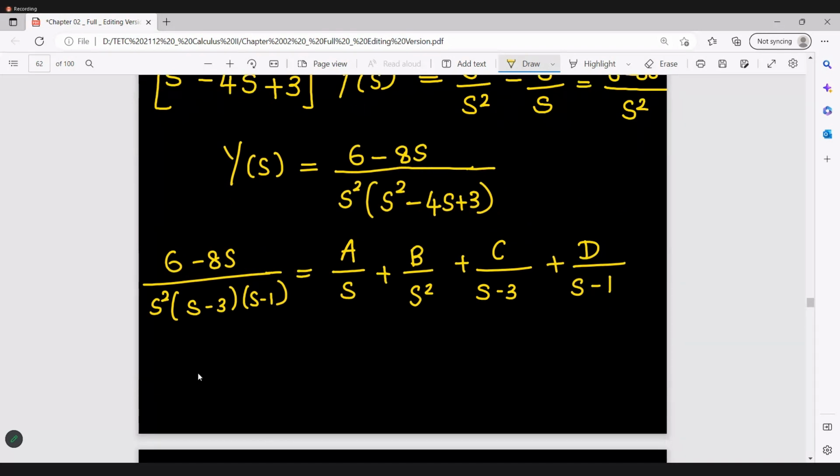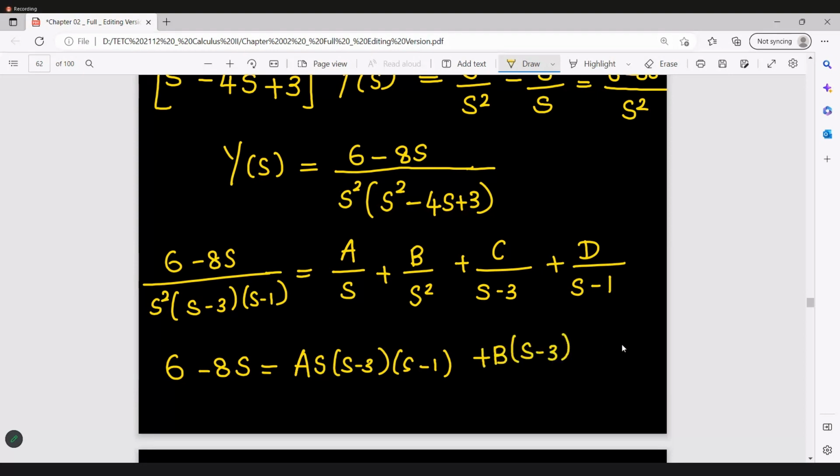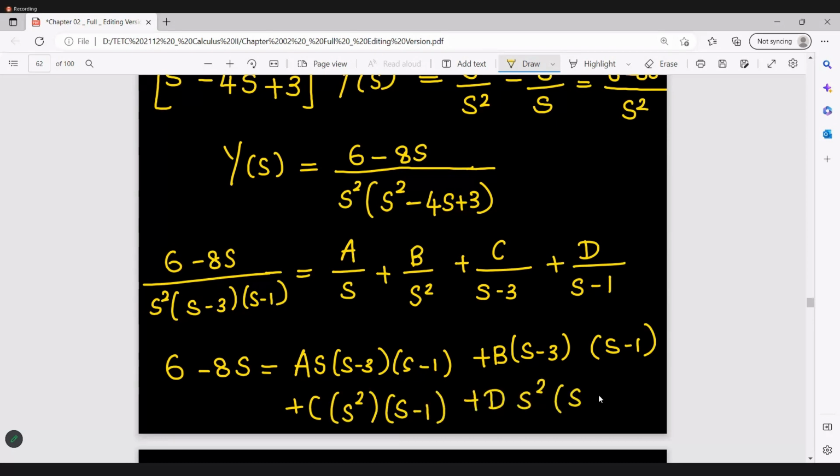We can obtain the expression 6 minus 8s is equal to a times s minus 3, s minus 1 plus b times s minus 3, s minus 1 plus c times s squared, s minus 1 plus d times s squared, s minus 3.